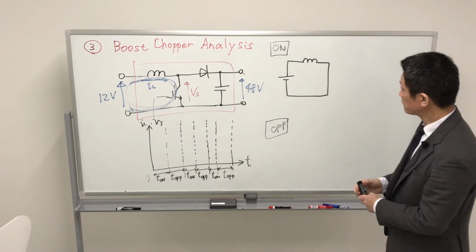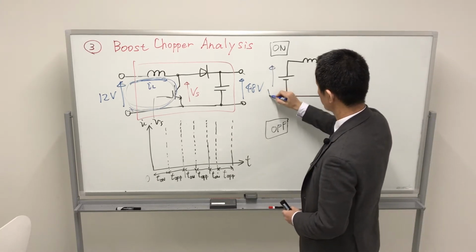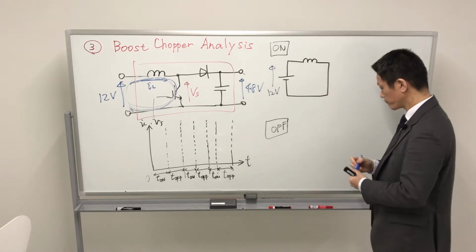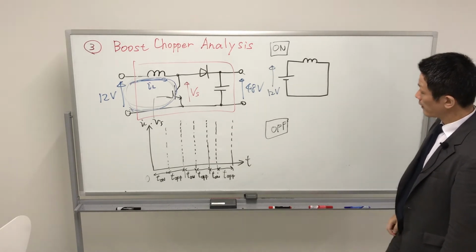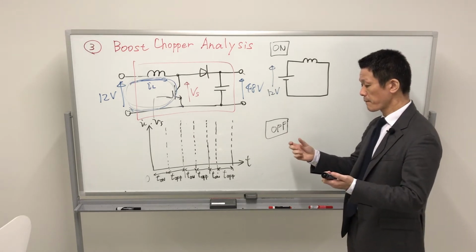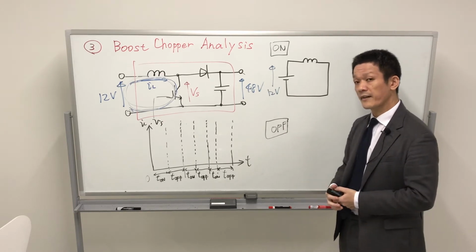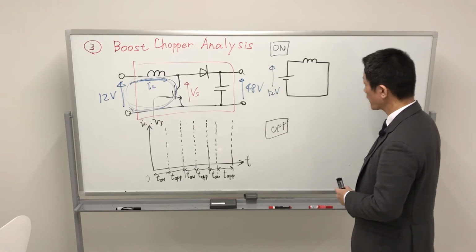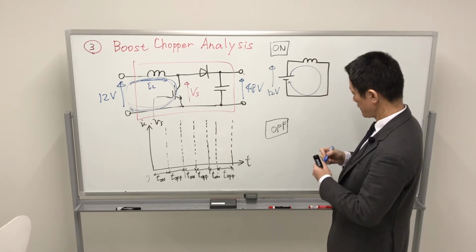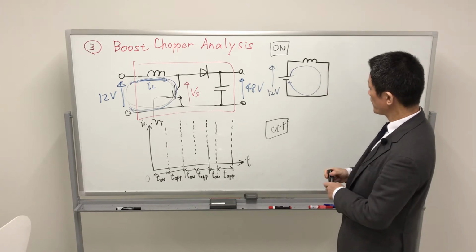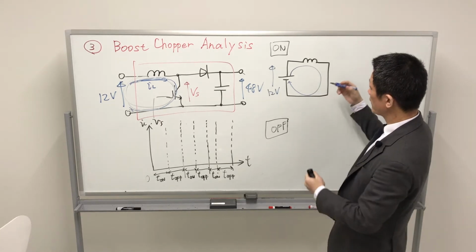And of course, the voltage is here. And of course, if you have basic knowledge of the electric circuit, the current flows through here, and in this loop, the total voltage is 0.